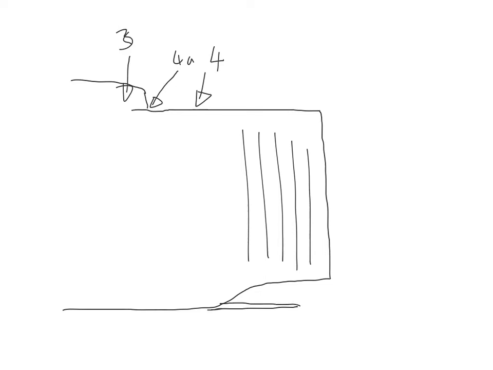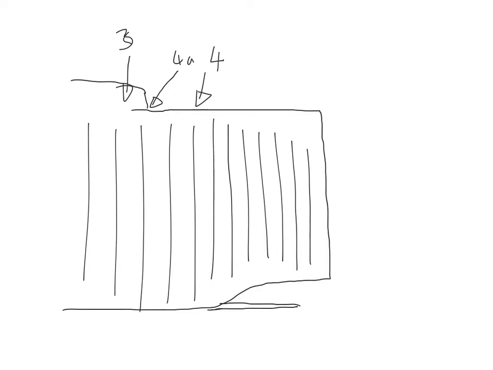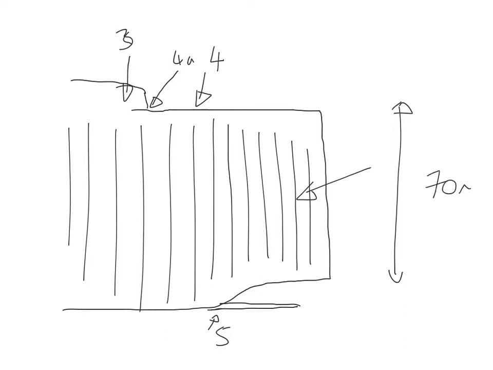Now we have the vertical cooling joints, and all this down here would be site 5, this area here. So you're just drawing a schematic version of what you've seen. You need to label all the key features like the cooling joints, the thickness of the sill. How thick was it? Was it about 70 meters or something?